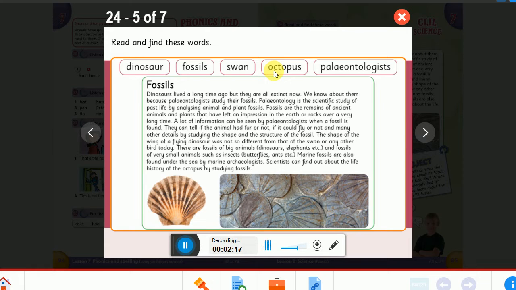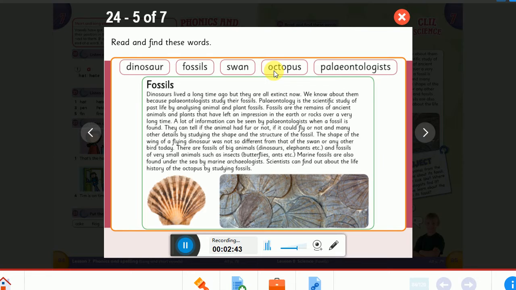Fossils are the remains of ancient animals and plants that have left an impression in the earth or rocks over a very long time. A lot of information can be seen by paleontologists when a fossil is found. They can tell if the animal had fur or not, if it could fly or not, and many other details by studying the shape and structure of the fossil.